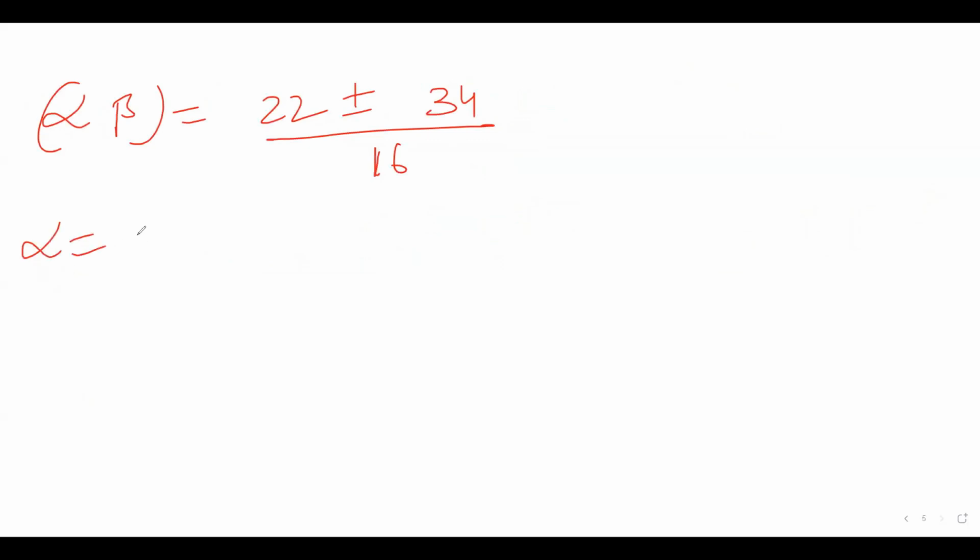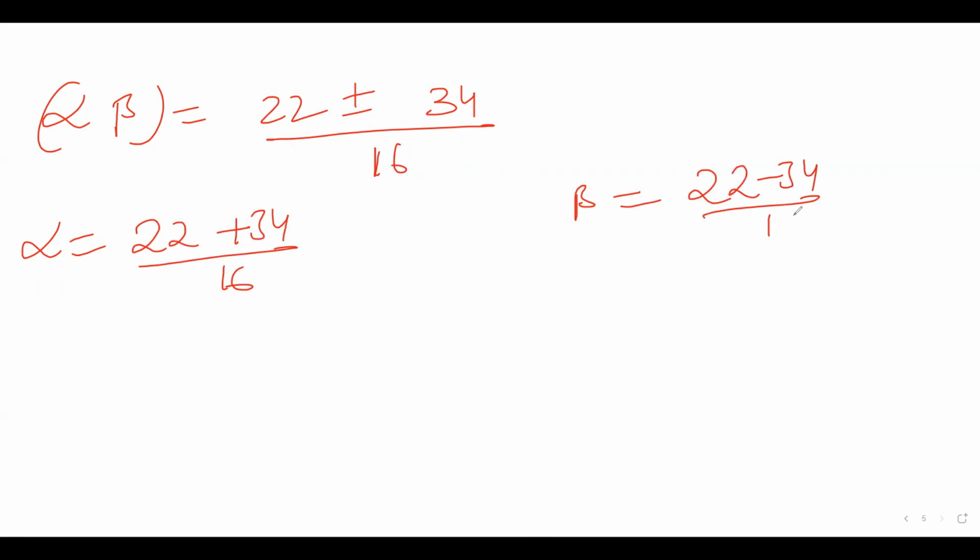In alpha you will take plus. In beta you will take minus. Add 22 plus 34. 56. 56 by 16. 8 sevens are 56, 8 twos are 16, alpha is 7 by 2.